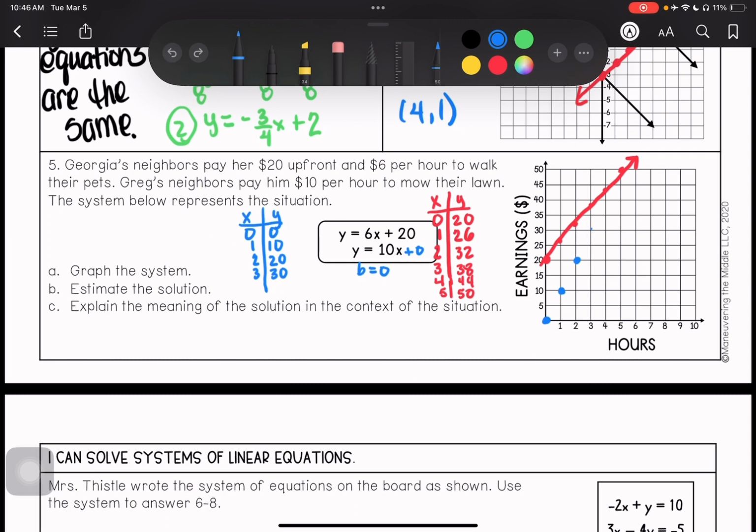When x is 4, y is 40. When x is 5, y is 50.